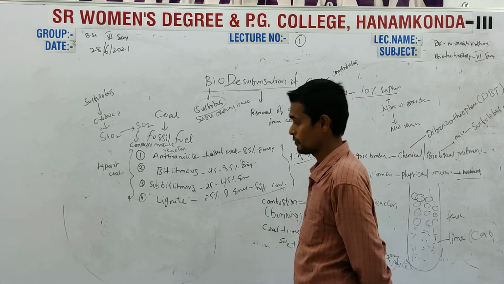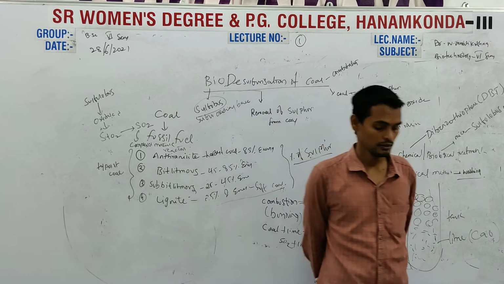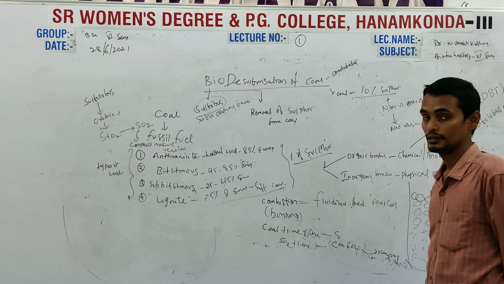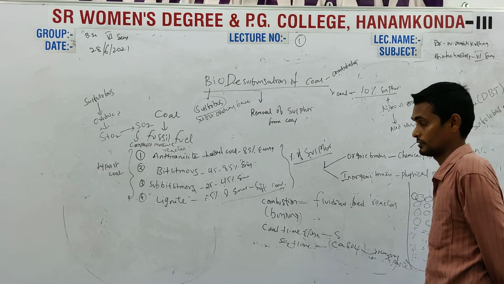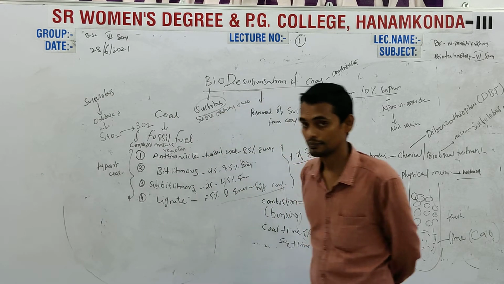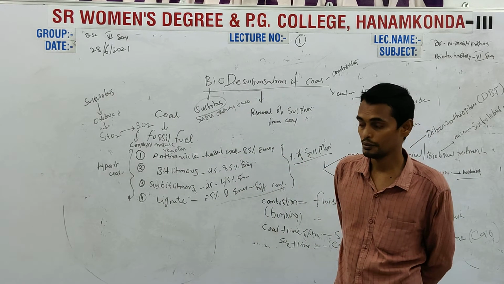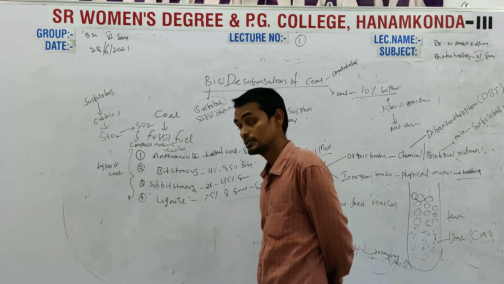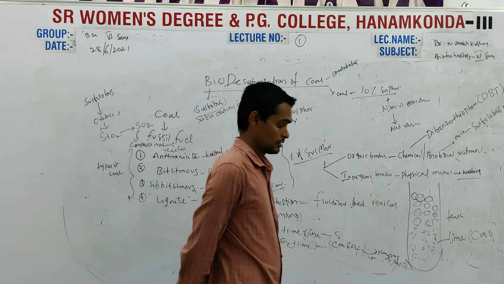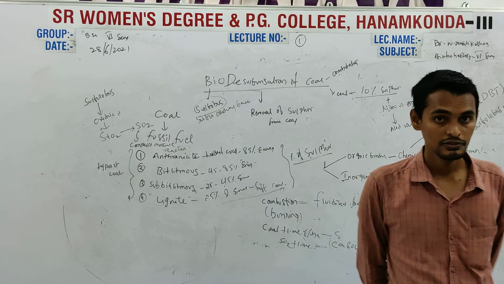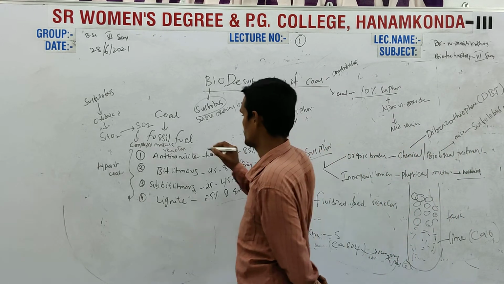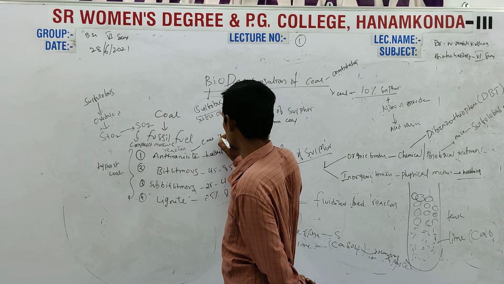If you see different types of coals based upon the energy, they produce different energies on combustion. The first type is anthracite coal, which is the toughest, hardest coal, which gives the highest amount of energy when it undergoes combustion, approximately 85%. The best example is the coal that is used in railways.